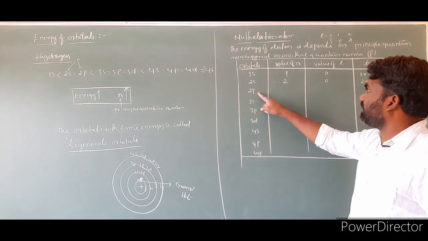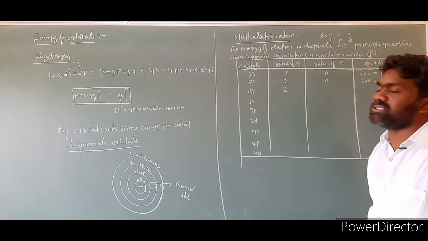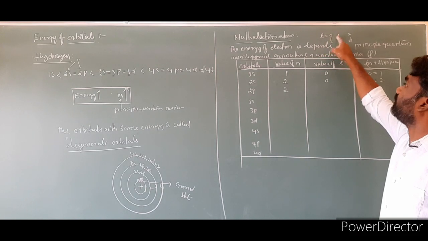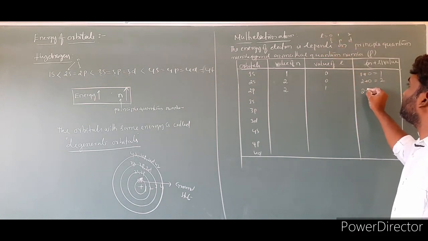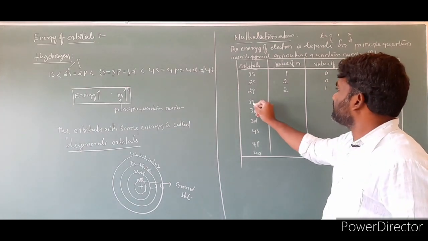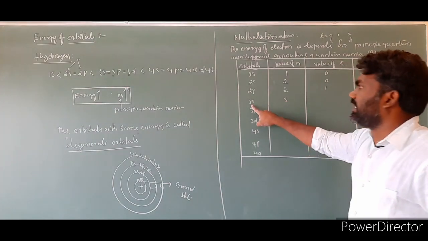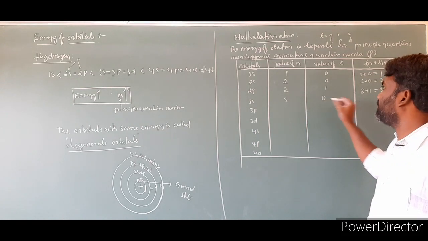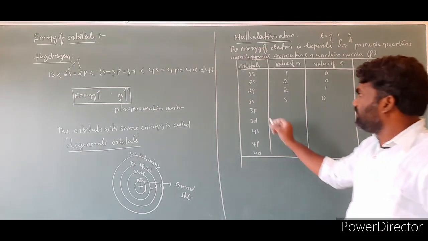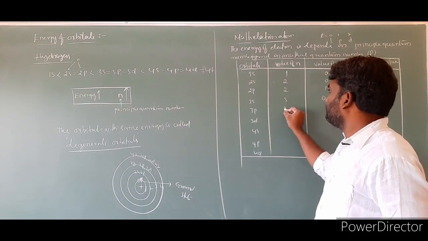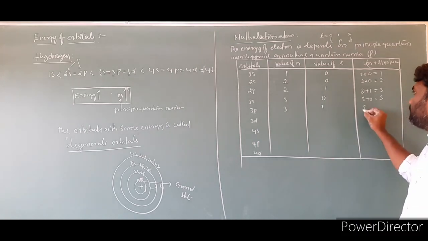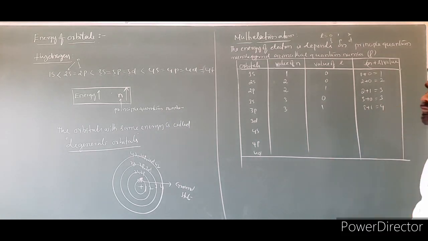Then the 2p orbital, n remains 2, l for the p orbital is 1, that is 2 plus 1, equal to 3, isn't it? Next 3s orbital, n is 3, l is 0, so 3 plus 0, n plus l is again 3. Then 3p orbital, l is 1, so 3 plus 1 equals 4.